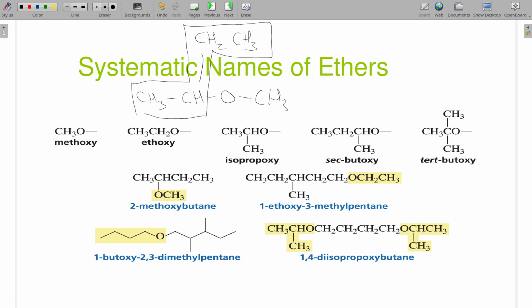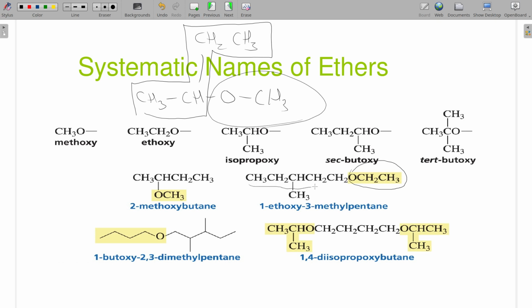So the ether, the smaller chain, will always be a substituent. And we will name it, since that has 1 carbon, a methoxy. All right, and that's where these things come from. So we would just immediately find the oxygen and take the smaller side and turn that into a substituent.